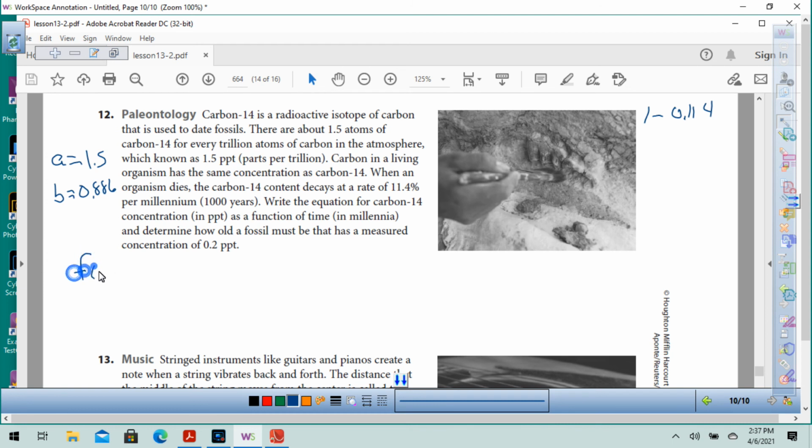So I'm going to have f of x equals 1.5 times 0.886^x. All right. And let's see here. For my other line, I'm going to say f of x equals 0.2. Okay, because that's what I'm trying to find out, how long it takes it to go from 1.5 to 0.2.